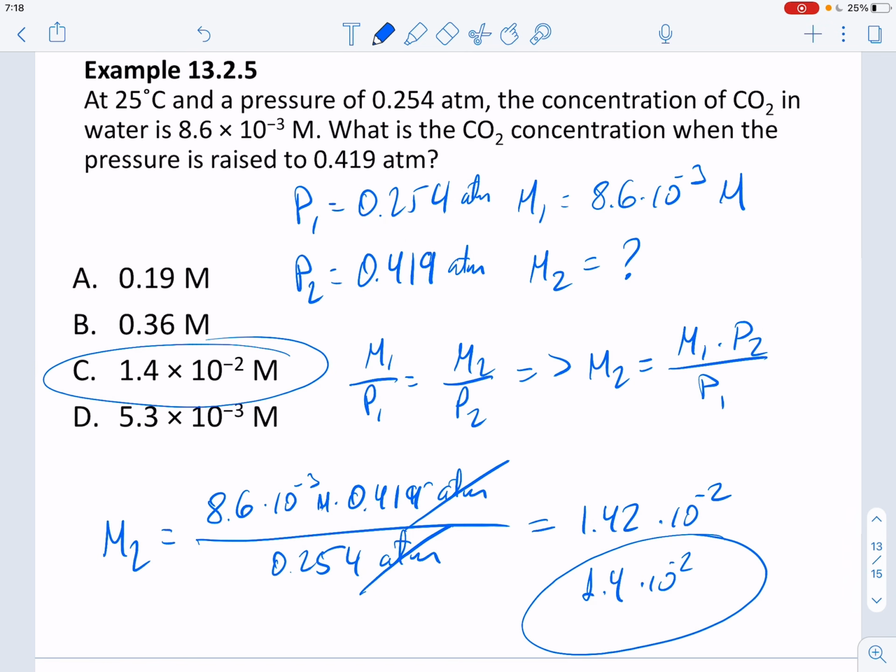Probably this is one of the most common situations that you are going to have. You have two conditions, and then you want to know what happens on the second condition, whether you are increasing the pressure, or at what pressure you have to change so that you change the concentration.